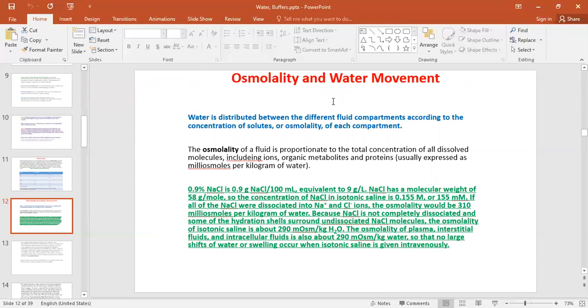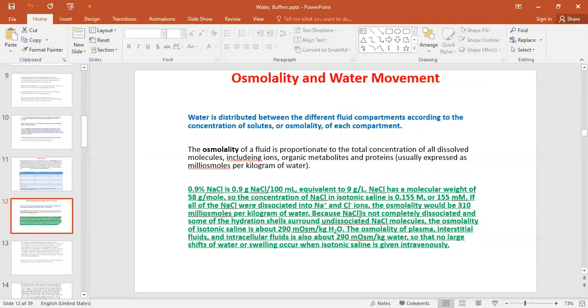So water is distributed between the different fluid compartments according to concentration of solutes or osmolality of each compartment. Here is shown how to calculate osmolality of 0.9% sodium chloride solution. So the osmolality of the solution is 310 milliosmoles per kilogram of water.